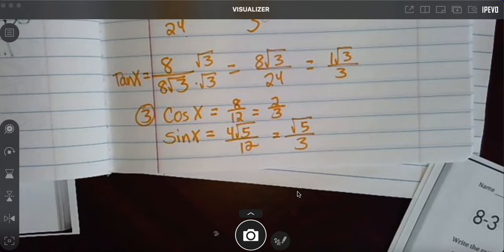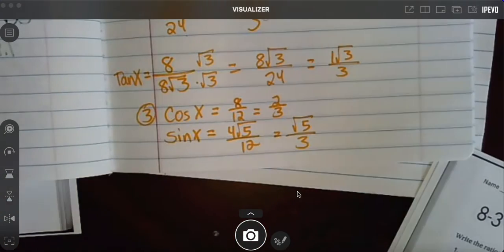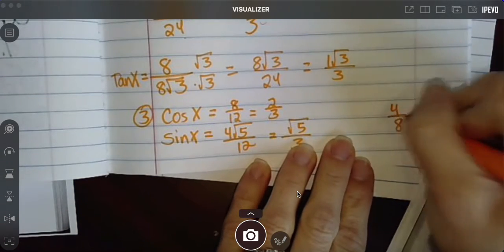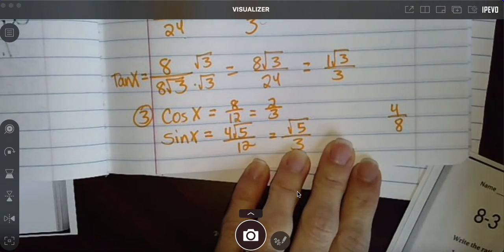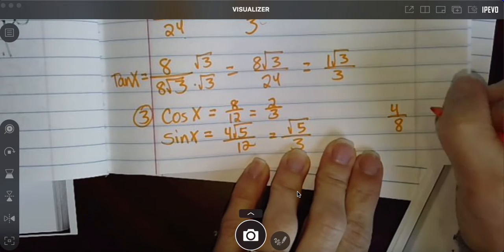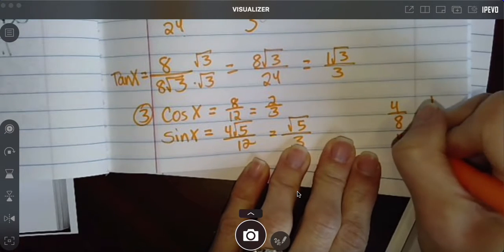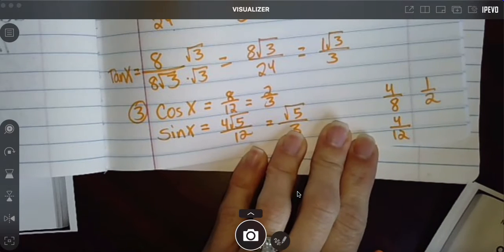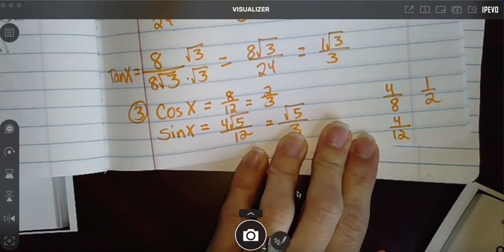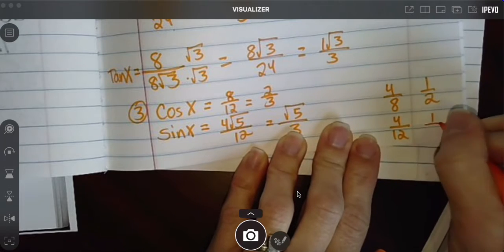On the reducing or on the... If I gave you the number 4 over 8, what does that reduce to? 1/2. If I give you the number 4 over 12, what does that reduce to? Divide them both by 4, and you get 1/3.